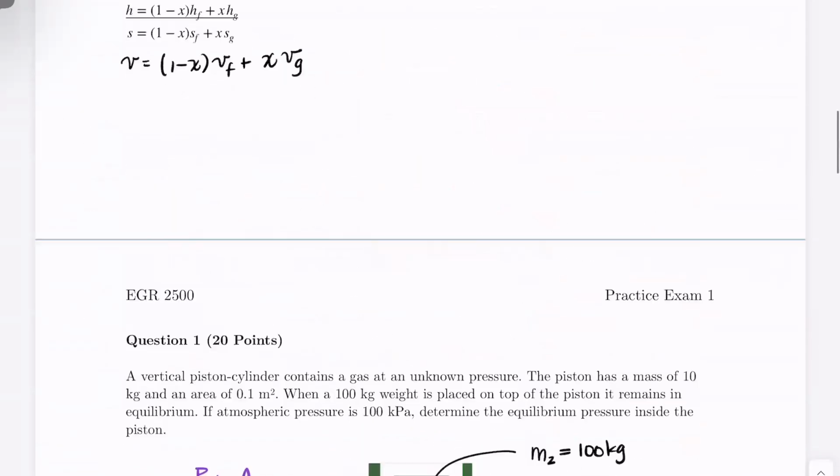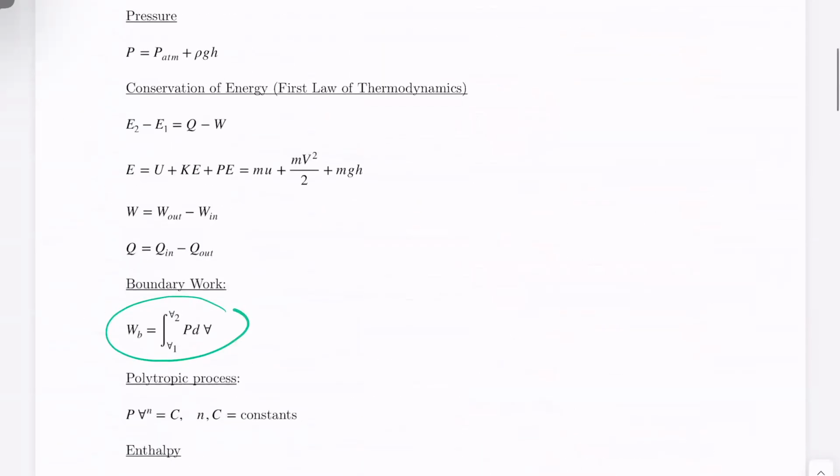One way to remember is with the equation sheet. In the expression for total work, we have work out minus work in. So if the net work is negative, it's generally input. If it's positive, it's generally output. Does that make sense? Okay.